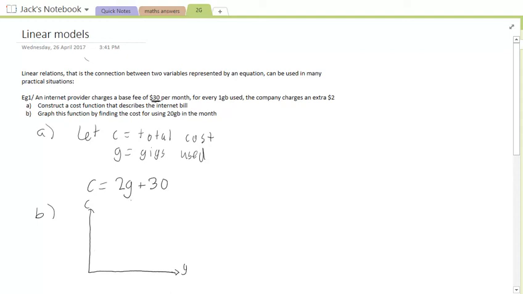From this we know the y-intercept would be 30, so we label that. Then we graph this function by finding the cost when 20 gigabytes is used. So C would equal 2 lots of 20 plus 30, which is equal to $70.